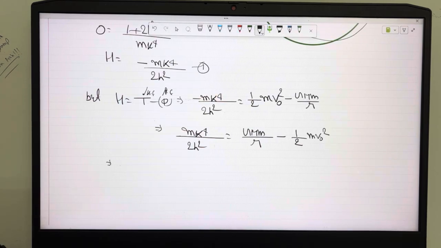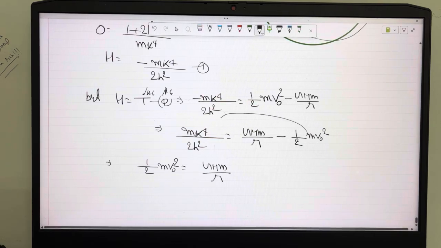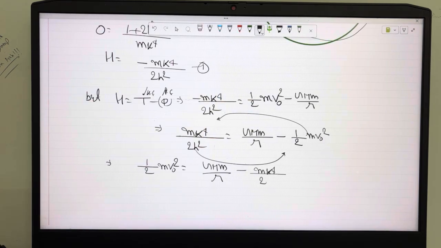Now you take outside 1 by 2 m v naught square is equal to G small m capital M divided by r, minus m k power 4 divided by 2h square.